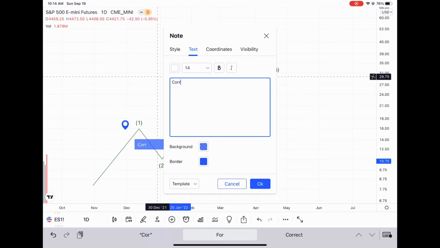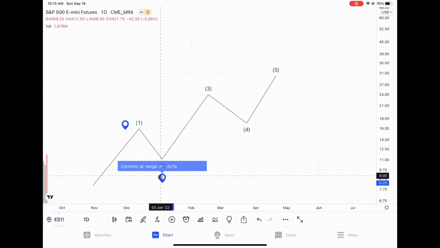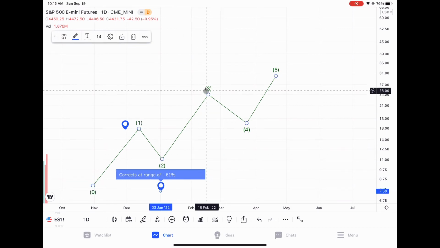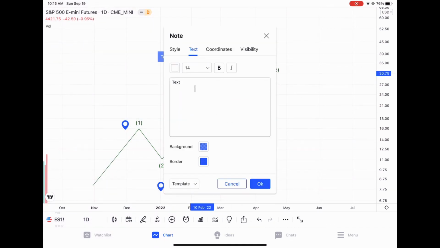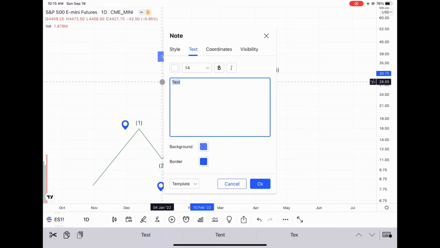Wave 2 corrects at a range of around 61%, actually minus 61%, of wave 1. And for wave 3, like I said, we just want to take chunks of this. We don't want to wait at the top of wave 3. So wave 3 is approximately 161% of wave 1. Okay, so plus.